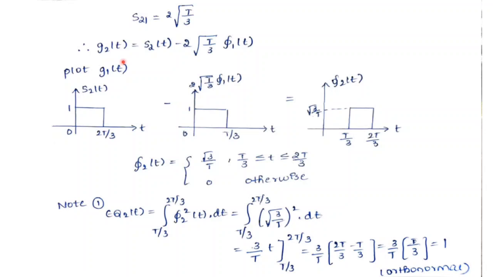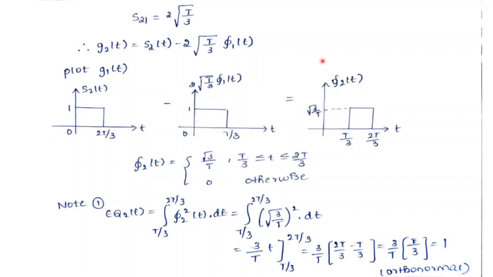So therefore g2 of t is equal to s2 of t minus 2 root of T/3 into phi1 of t. We are plotting the graph for g2 of t. This is from 0 to T/3, where s2 of t is 1, and we subtract from it 1 for 2 root of T/3 into phi1 of t.